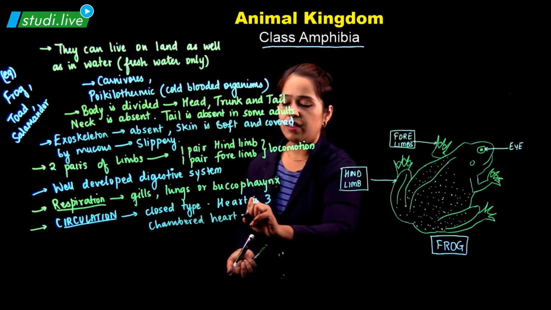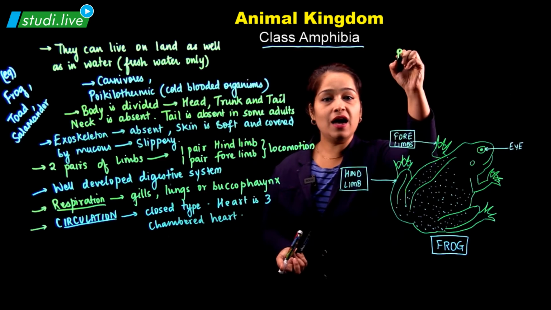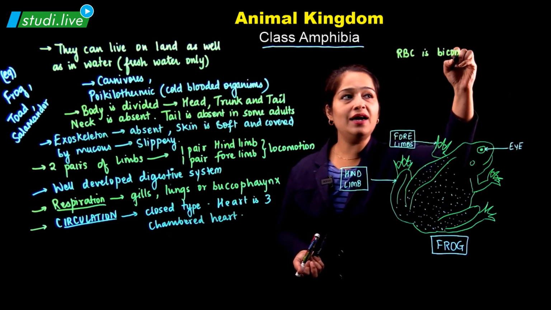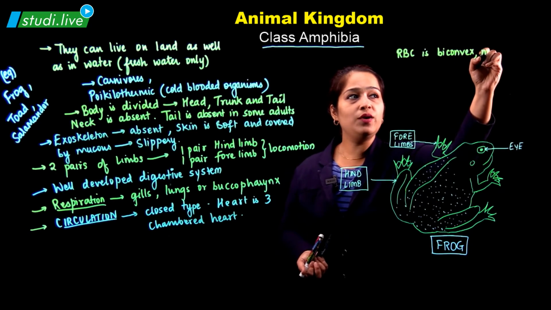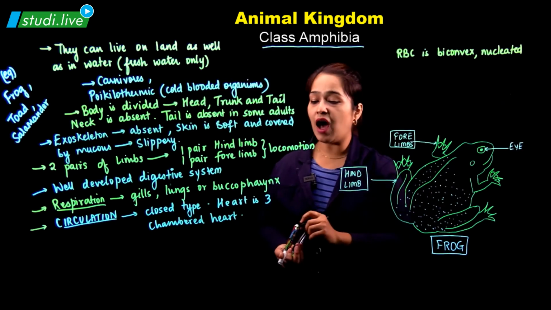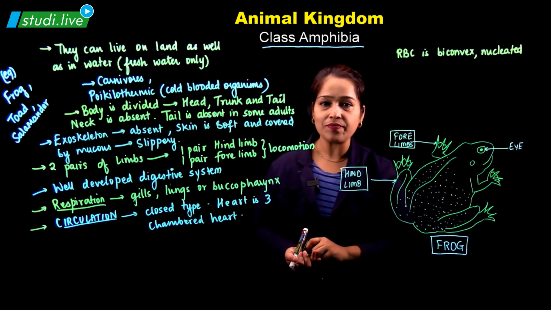And their RBCs, the red blood cells, are biconvex and nucleated, whereas we know in humans they are non-nucleated. Here the RBCs are biconvex and nucleated.